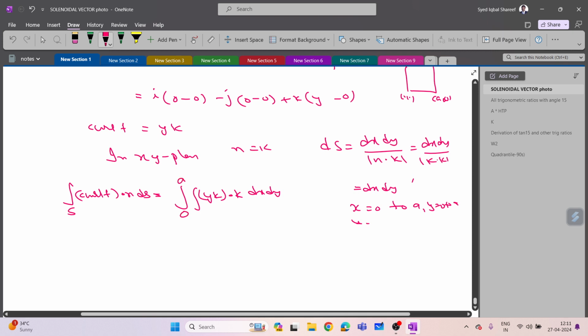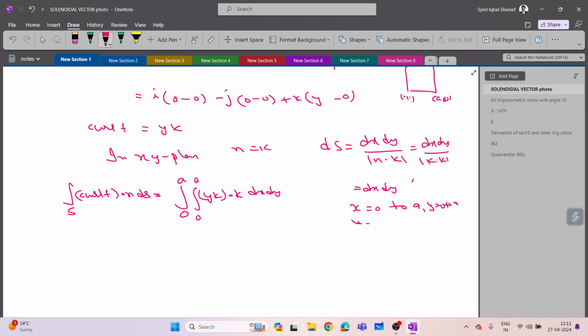So 0 to a, 0 to a. k dot k is 1. So 0 to a only y is there, dy, and 0 to a dx. This will be y square by 2, 0 to a, and x, 0 to a.